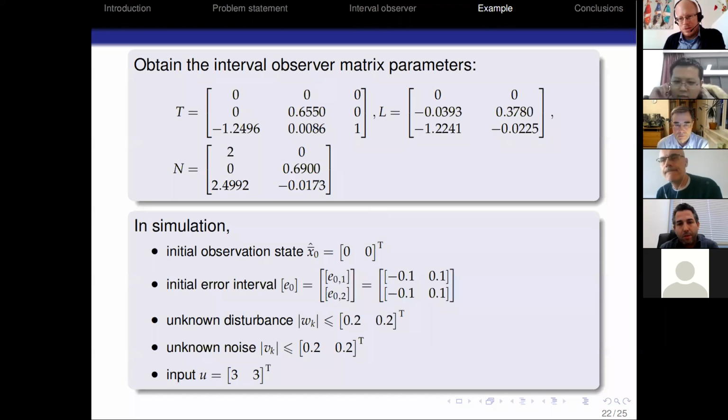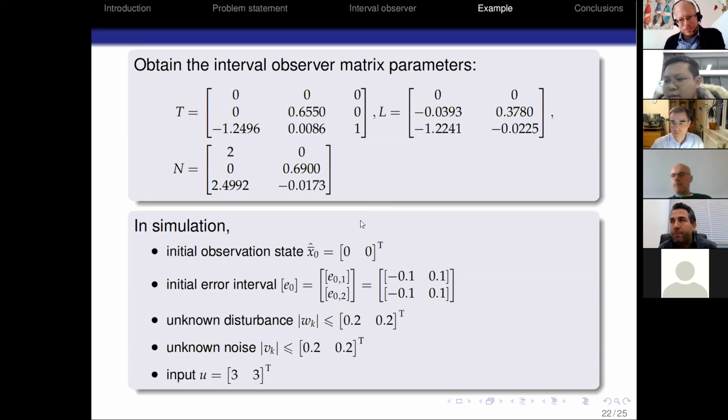Actually, the main purpose of this talk is to propose an idea to deal with the wrapping effect of the interval observer. And if we use the zonotope algorithm, the wrapping effect is also there. We use this algorithm, we can narrow the width of this interval.